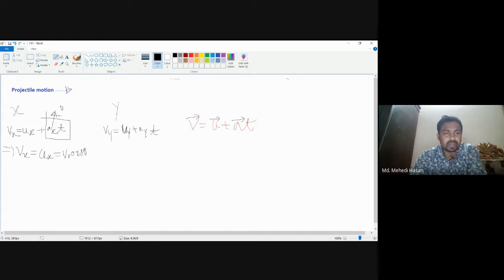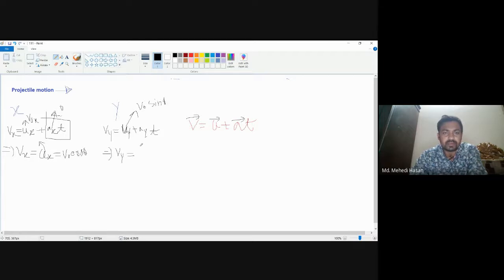I am writing it with Ux, or you can also write it as v naught x, the initial velocity. I am writing Ux to explain it to you. So in the second case, along the y, this is Vy equal to Uy, that means initial velocity y component, which was v naught sin theta.